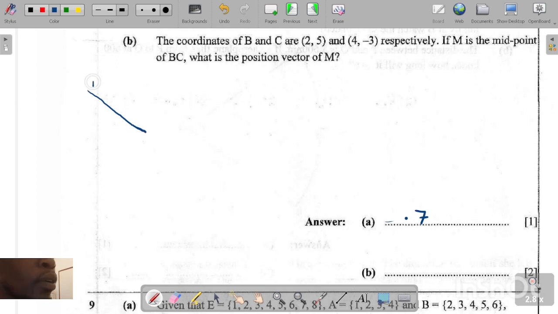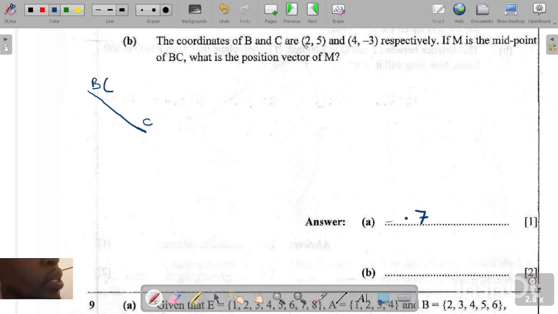If you have B here and C here, the coordinates of B we've been given, because they are saying respectively, it means that the coordinates of B are this, C is that.